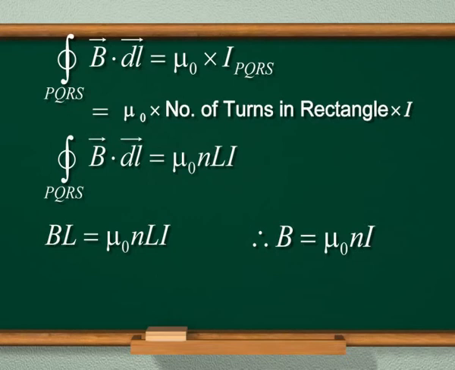However, at a point near the end of a solenoid, the magnetic field induction is found to be mu naught n I by 2.